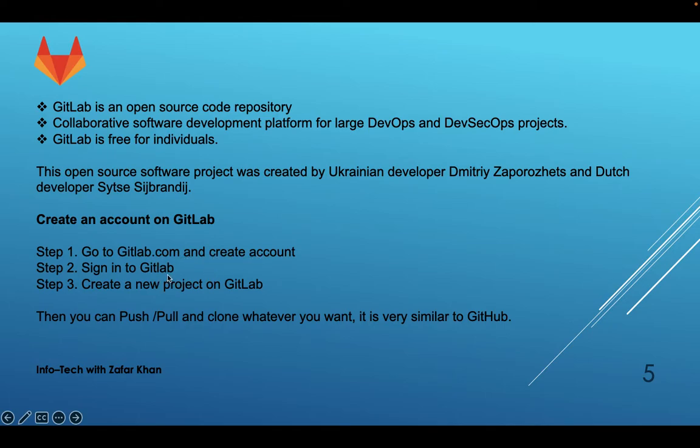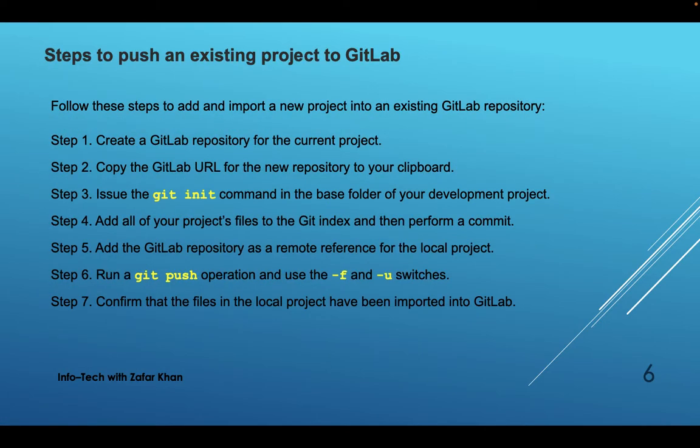We have also signed in, and we already created a new project. This is my project. After that you can pull, push, or whatever you want. You can even clone as well. It's very simple and very similar to GitHub, which I have shown already in the previous slide. So now, the steps to push an existing project to GitLab, how to do that?